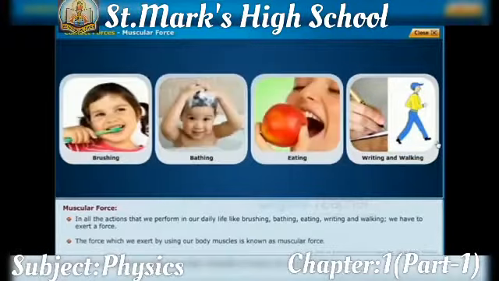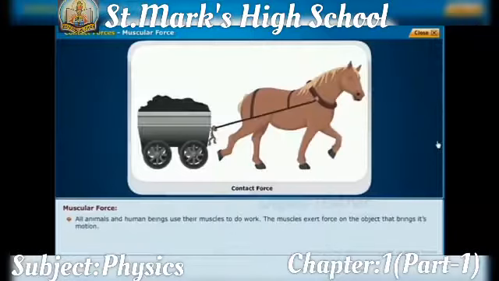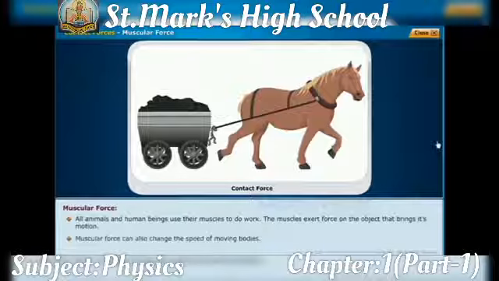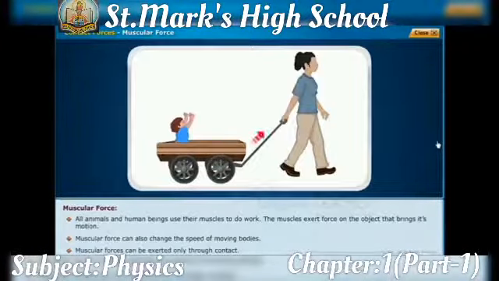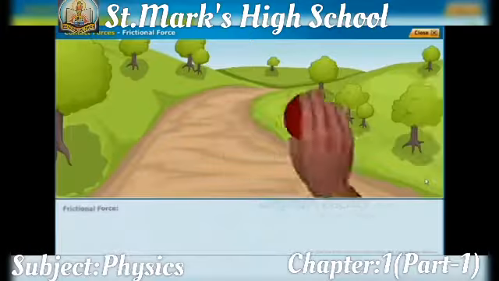The force which we exert by using our body muscles is known as muscular force. All animals and human beings use their muscles to do work. The muscles exert force on the object that brings its motion. Muscular force can also change the speed of moving bodies. Muscular forces can be exerted only through contact.